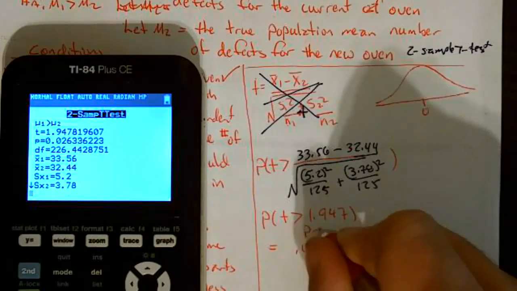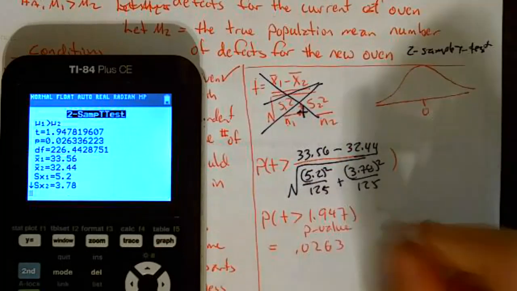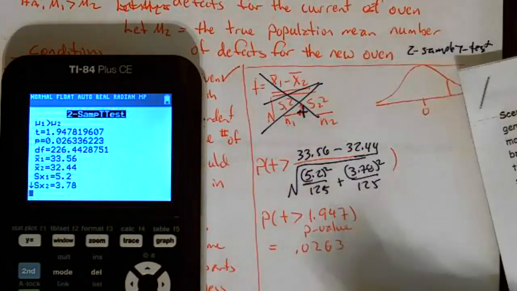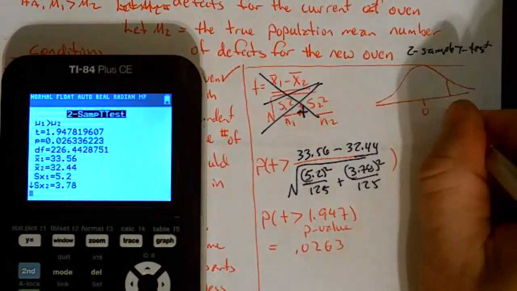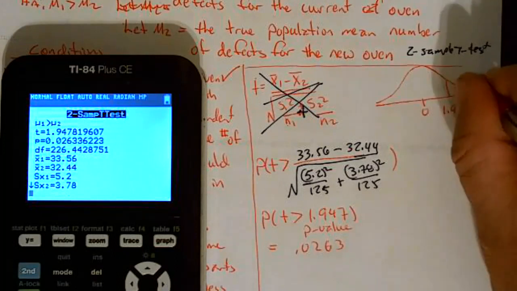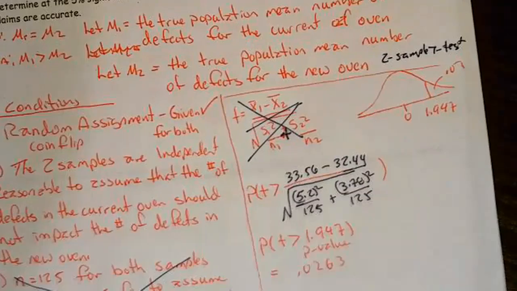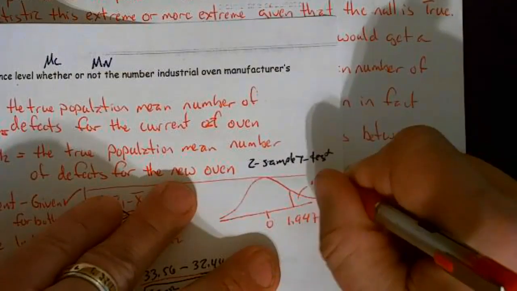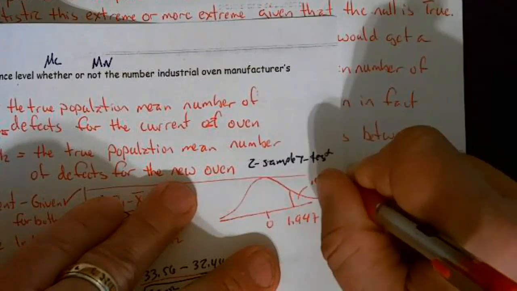This is my p-value. So let's take a moment and let's go look at this. Well, my t statistic is 1.947. And my p-value is 0.02. Oops, that did not work very well. This area right here is 0.0263. That's my p-value.